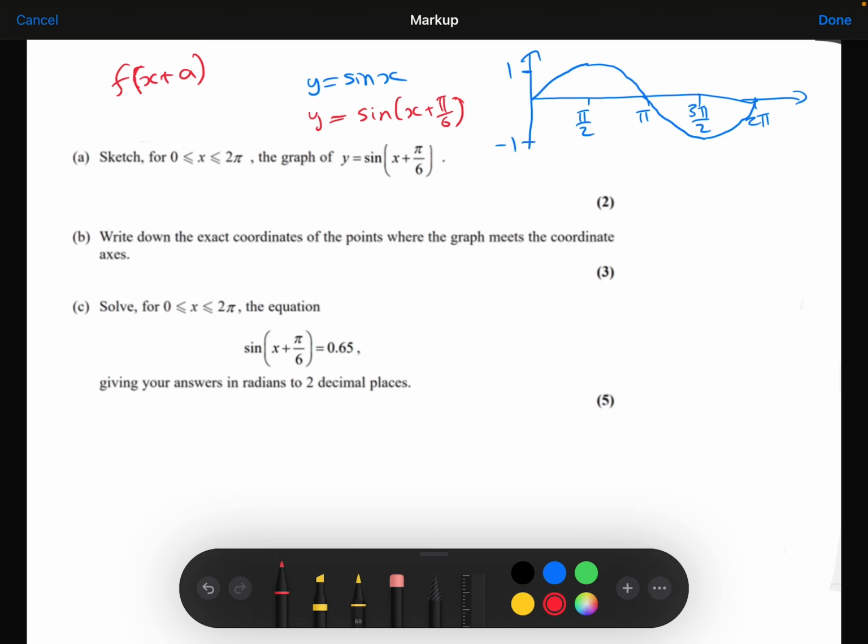The 3 pi over 2 minus pi over 6 will be 4 pi over 3, about there. And then the 2 pi minus the pi over 6 for the final point is 11 pi over 6, which is about there. So the graph is going to look like this.